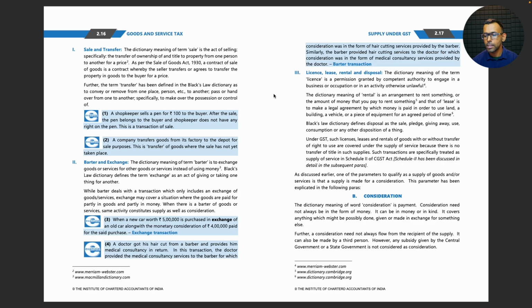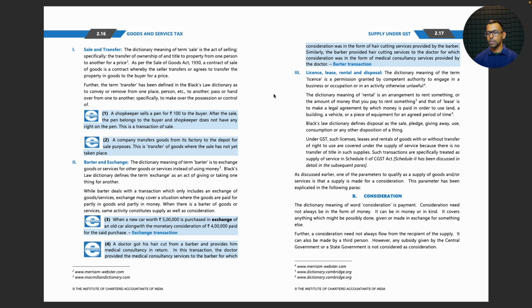Under GST, such licenses, leases, and rentals of goods with or without transfer of right to use are covered under the supply of service because there is no transfer of title in such supplies. Such transactions are specifically treated as supply of service in Schedule 2 of CGST Act.